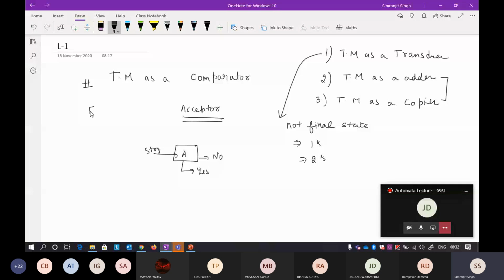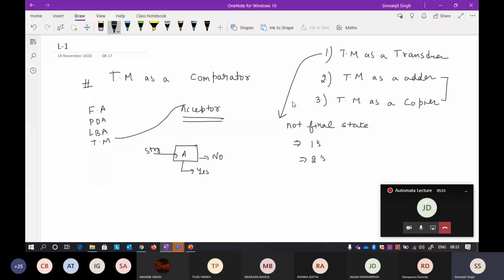So we are studying finite automata, pushdown automata, linear bounded automata, and Turing machine, which are all acceptors. But the Turing machine has the functionality that it can act as many different things. It can act as a transducer, it can act as an adder, it can act as a copier, as well as it can act as a comparator also.